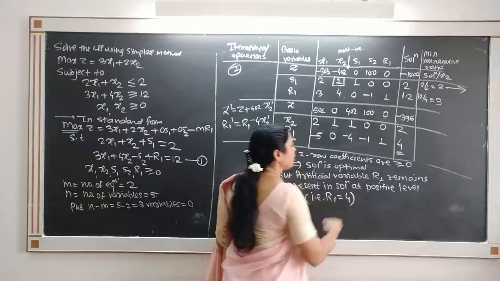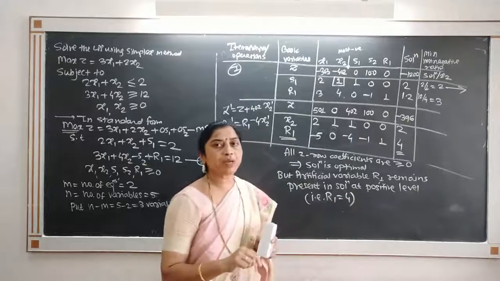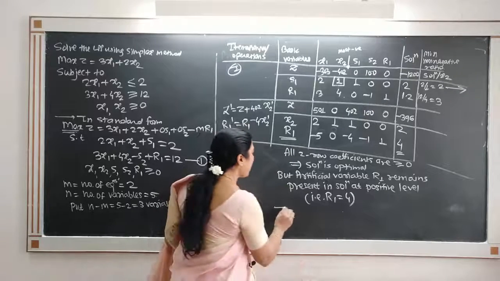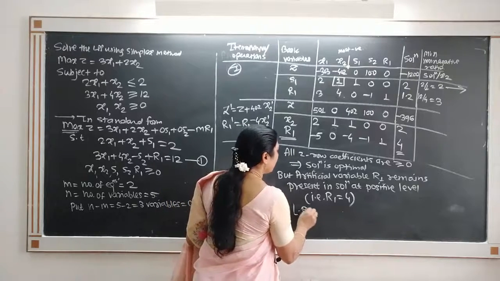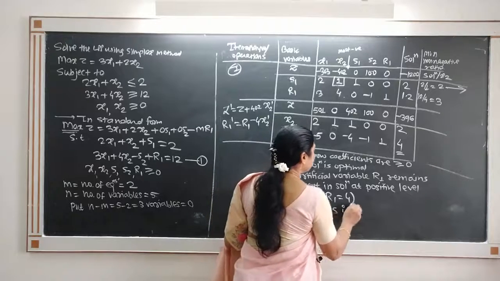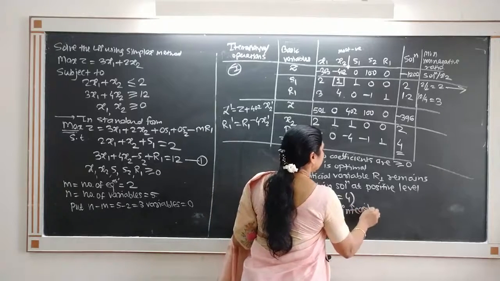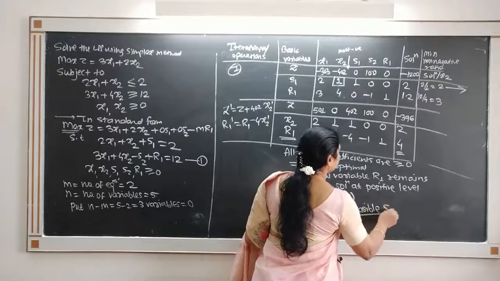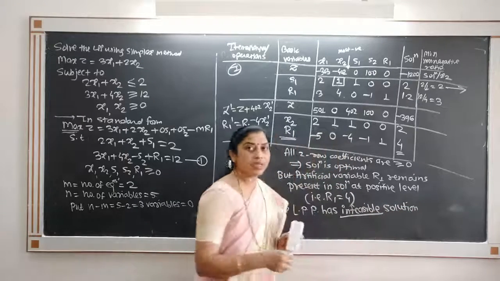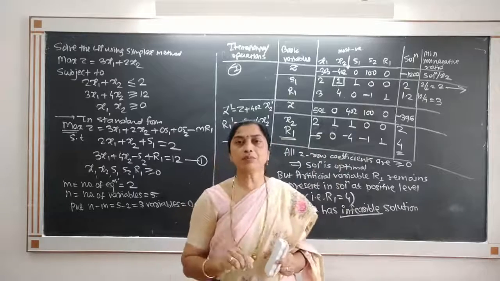And if an artificial variable remains present in the solution at positive level, this implies that the LPP has infeasible solution. So this LPP has infeasible solution.